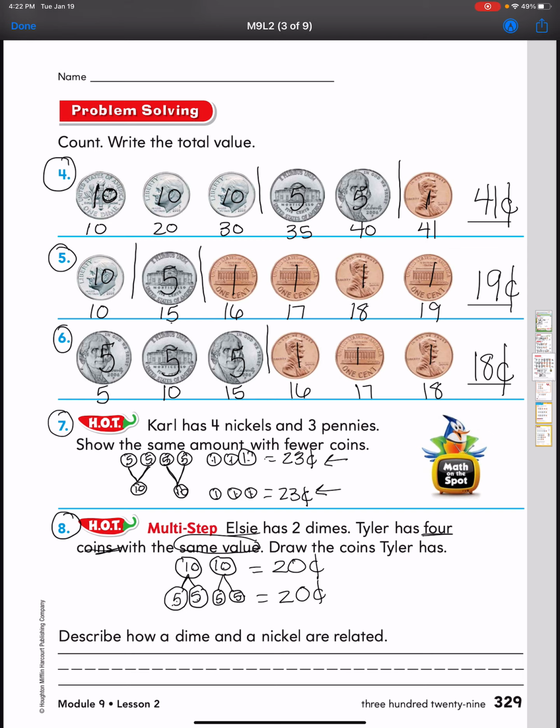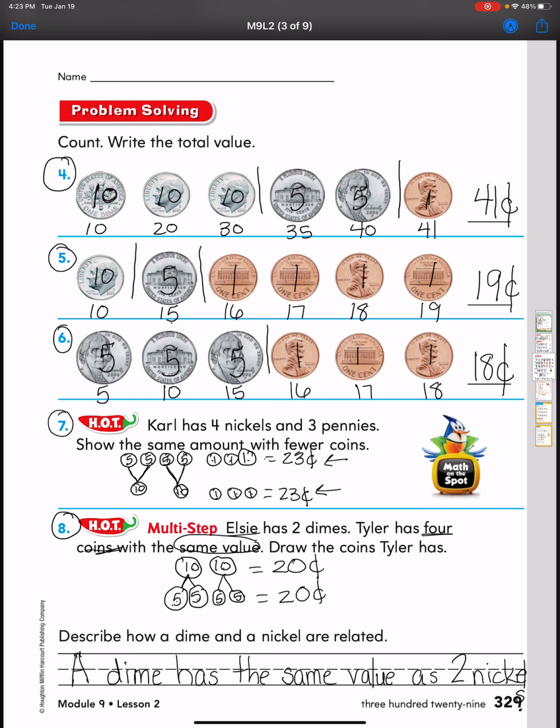So it says, describe how a dime and a nickel are related. Well, a dime has the same value as 2 nickels. I'm running out of room. 2 nickels.